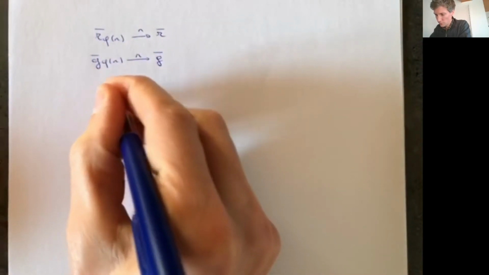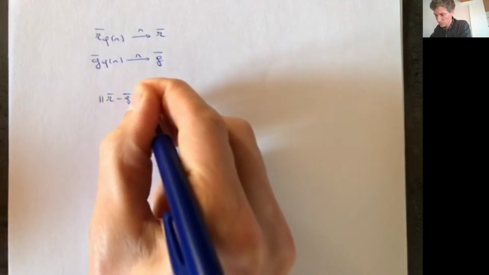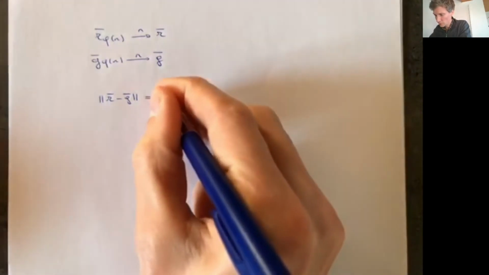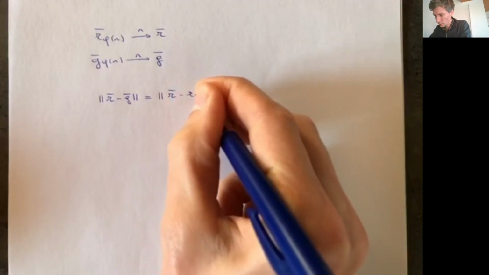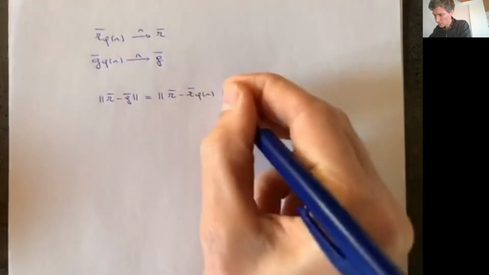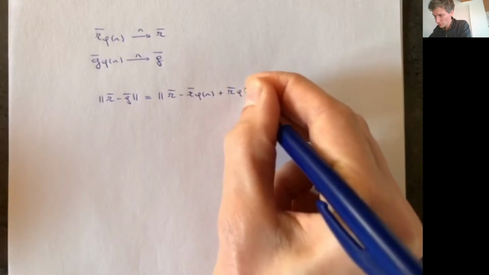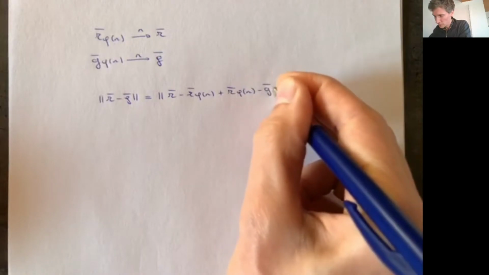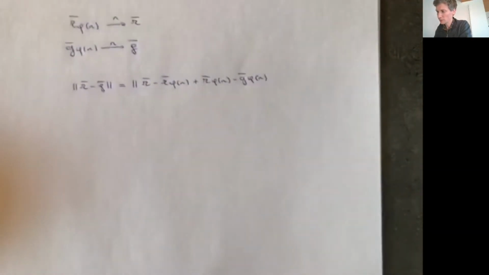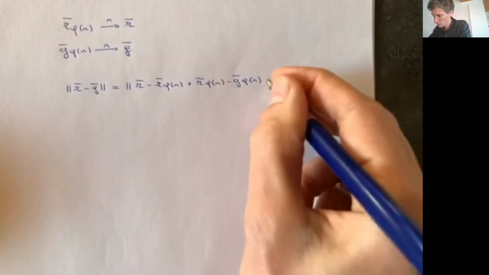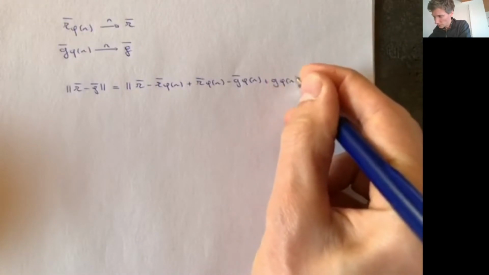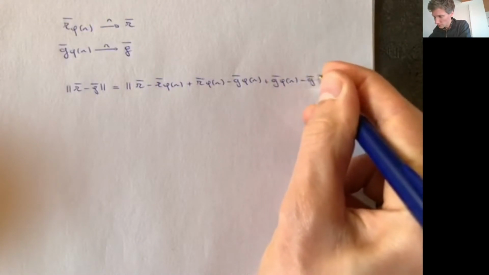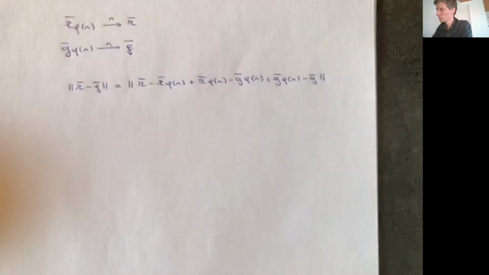So if I look at the distance between R and G, this is equal to the distance between R and R phi n, plus R phi n minus g phi n, plus g phi n minus g.